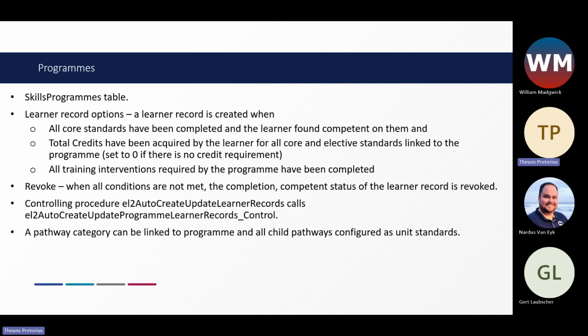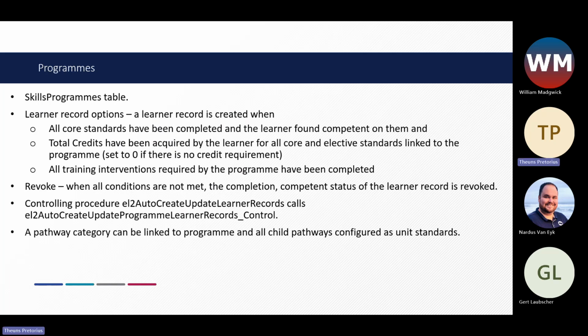So for those of you who've used pathways, a category groups pathways together. And so if you have a program linked to a category, then that will also force the end user, when creating the pathway, to link unit standards to the children pathway of that category. Does it make sense? Because unit standards are requirements of programs.